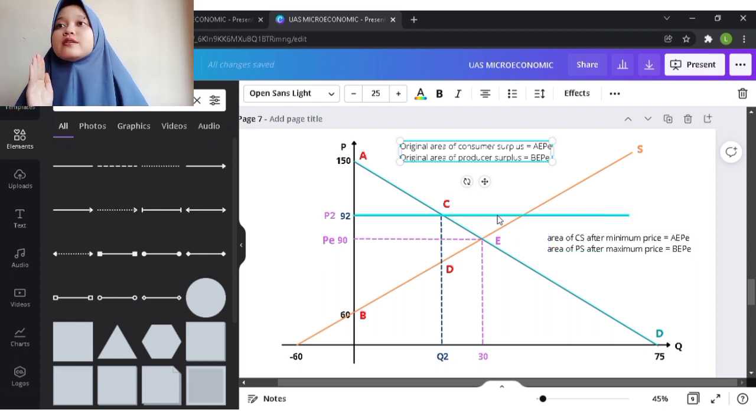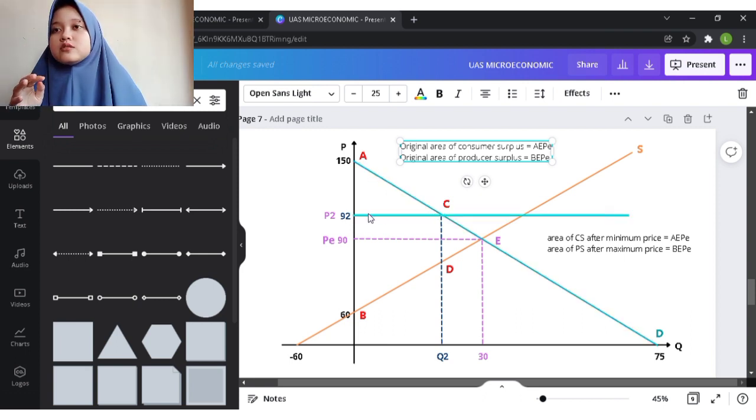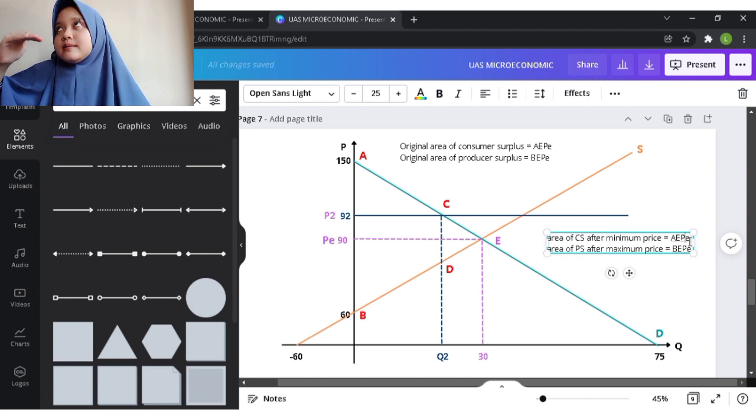Then the new area of producer surplus, because this gives advantages for the producer, so the area of producer surplus becomes wider. In this case it is above the supply line and below the new price.